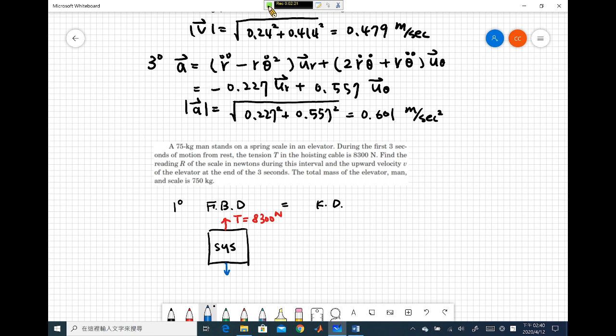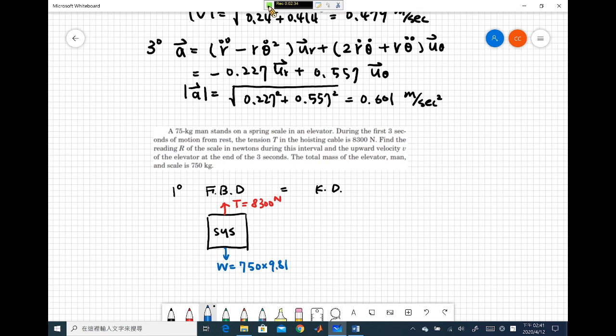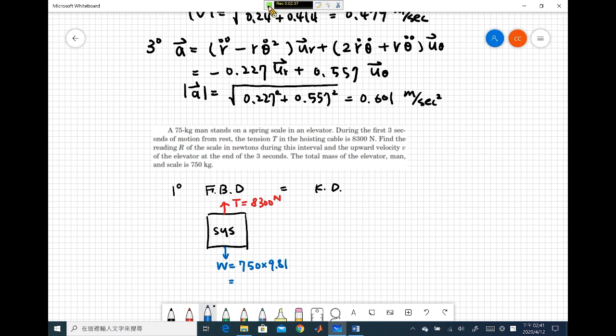From the self weight, W is equal to 750 times 9.81, so it's 7360 Newton.